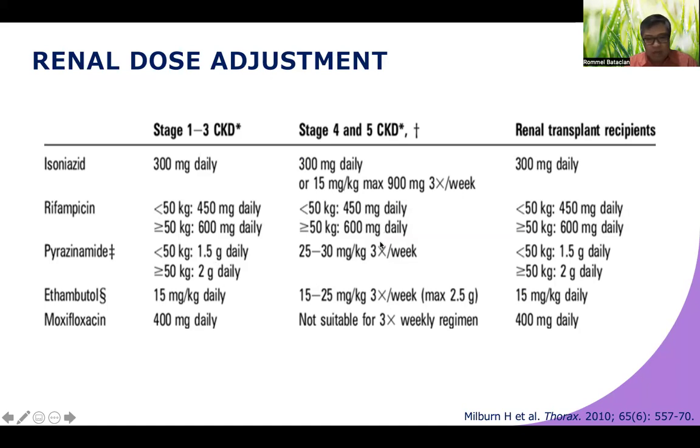And eventually the frequency in a week is reduced. But there are some, like isoniazid, as you can see here, that don't change, because isoniazid is primarily metabolized in the liver, so it is not renally excreted. So there are some medications that do not need those adjustments in the presence of chronic kidney disease.